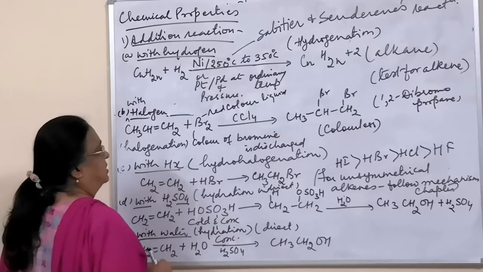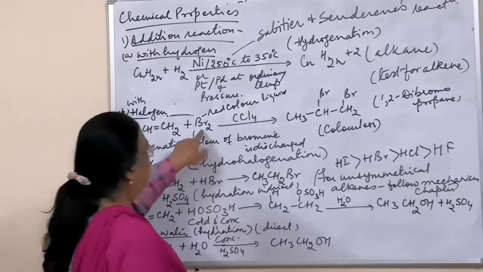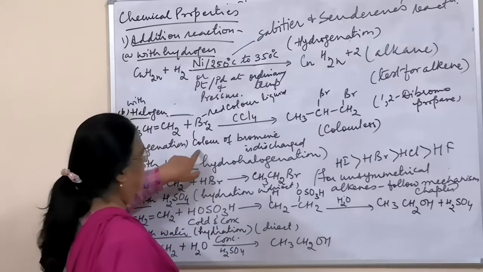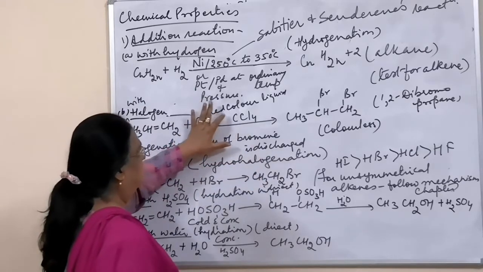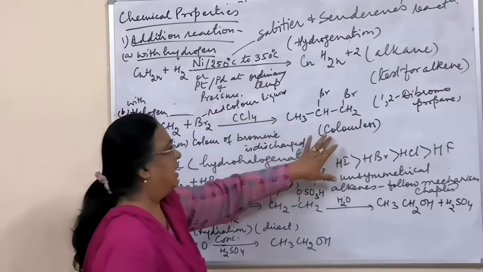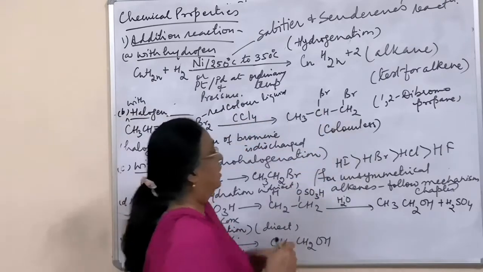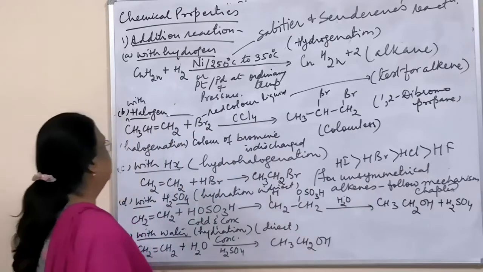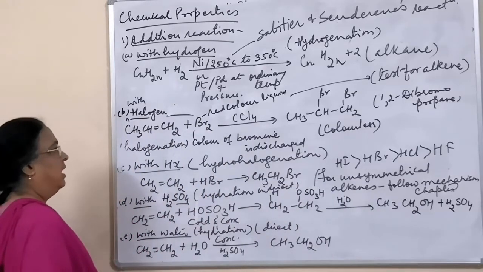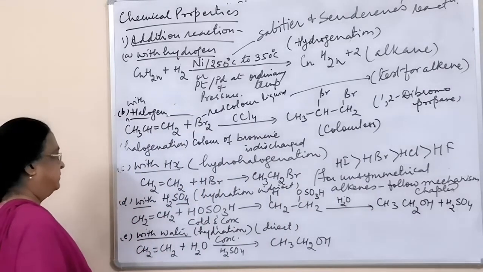The advantage is that the bromine water will become colorless. The color of bromine is discharged, so the red-colored substance becomes colorless. So this is a test for alkene. That is, alkenes decolorize bromine.